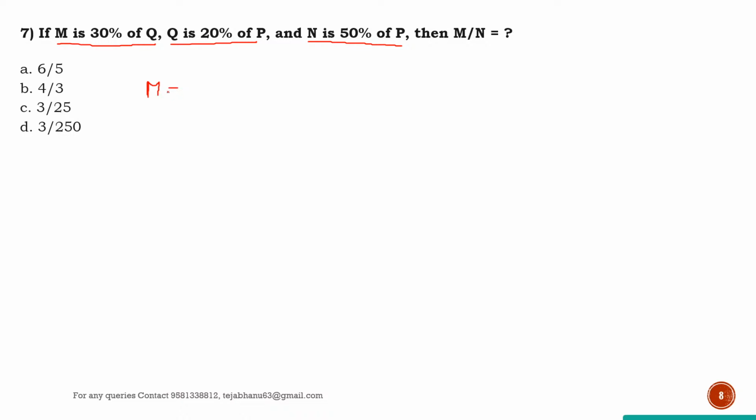If I want to calculate the value of M, it is 30% of Q, and Q is 20% of P. That is 30% of 20% of P. That is what he has given.